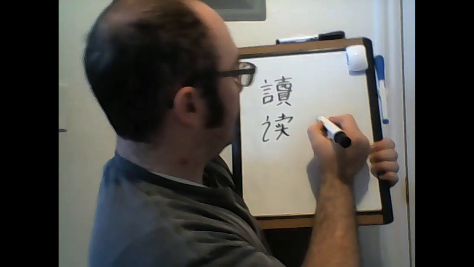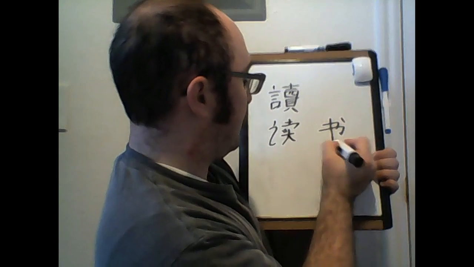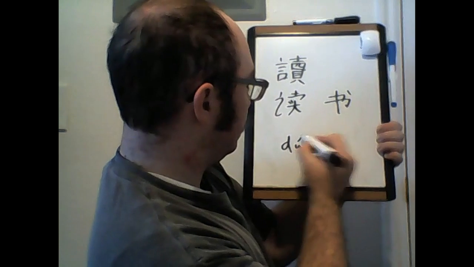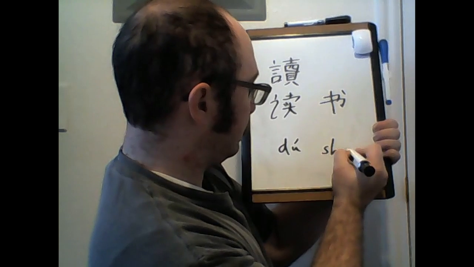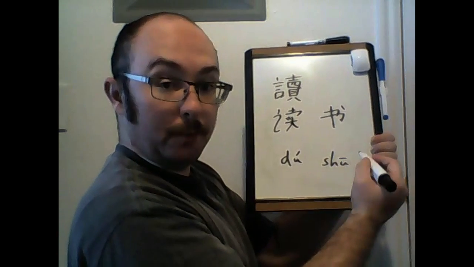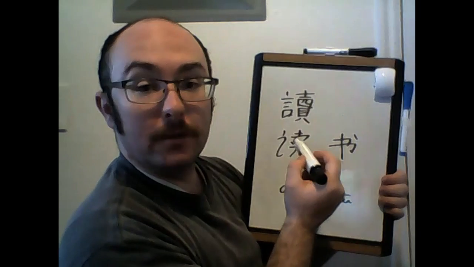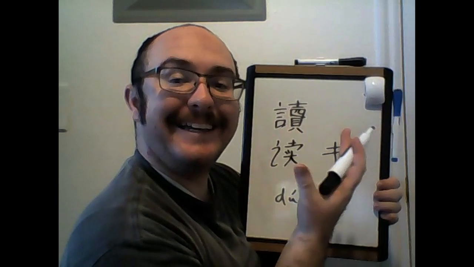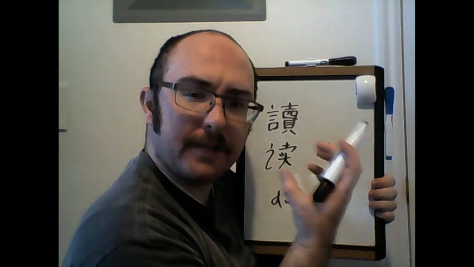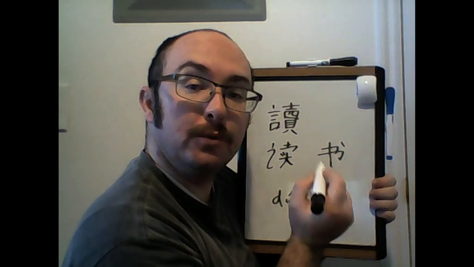Okay, default object. So this is 读书, to 读书. 读 means to study in depth, you're really trying to understand the text, you're trying to get into it. You're gonna 读书.